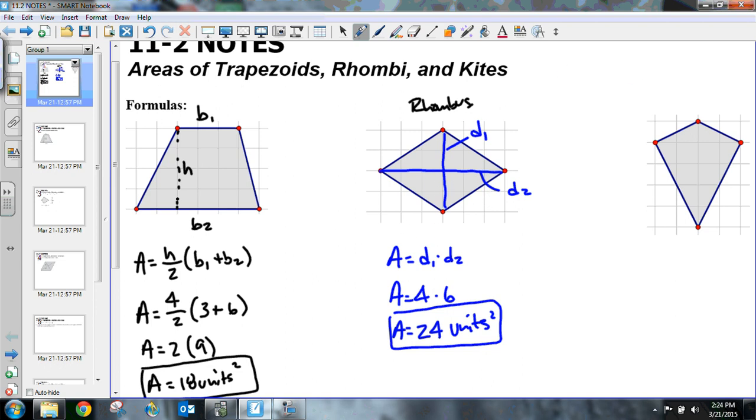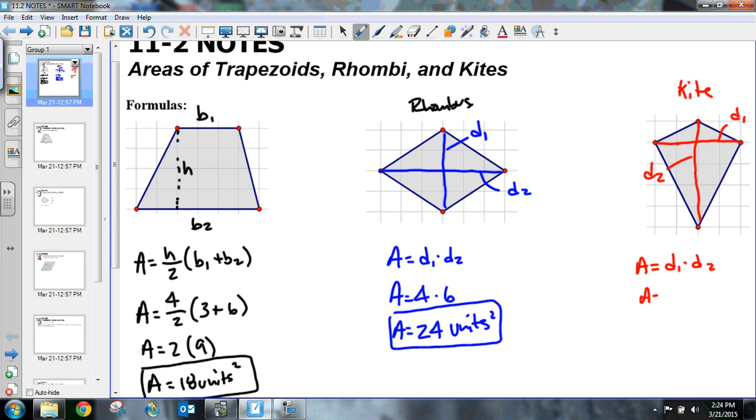Now over here on a kite, we have something that's very similar. Okay, so for a kite, I'm going to take this diagonal length and this diagonal length. I'm going to call this d sub 1. I'm going to call this one over here d sub 2. And I have the same formula here. I'm going to take my first diagonal times my second diagonal.